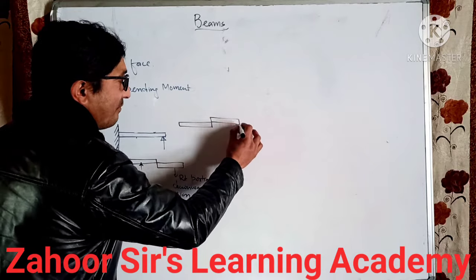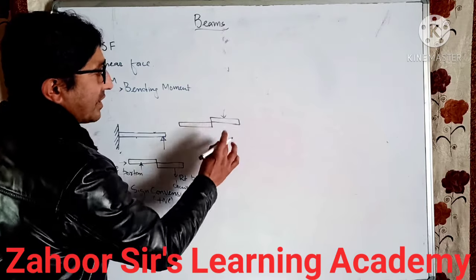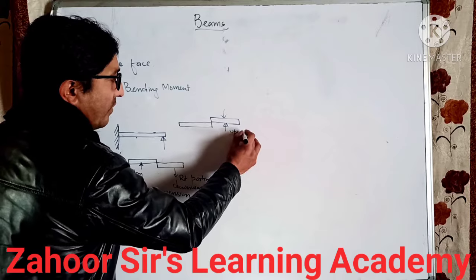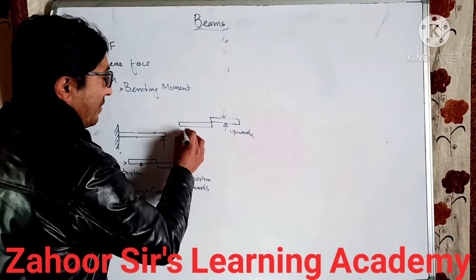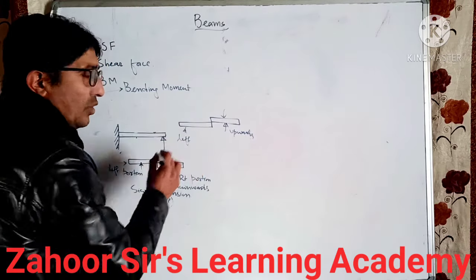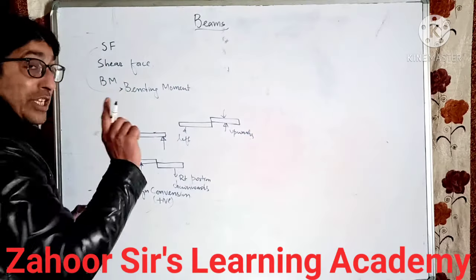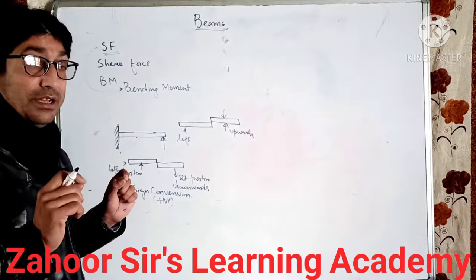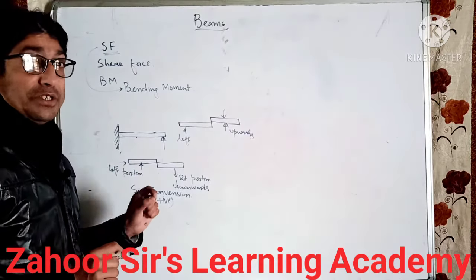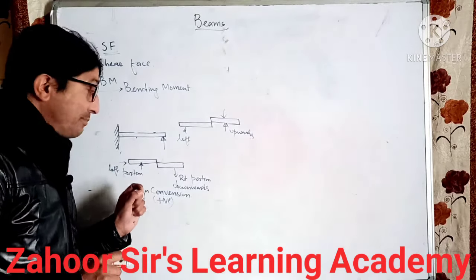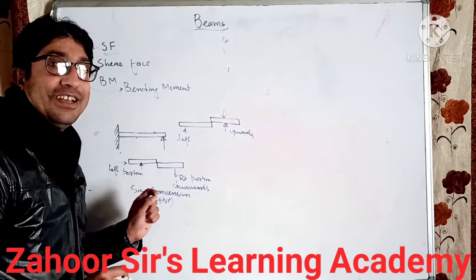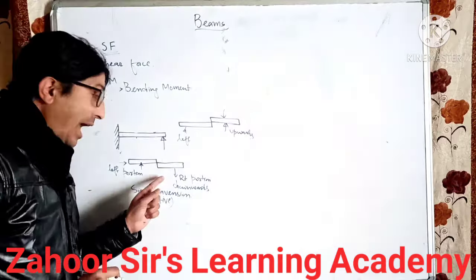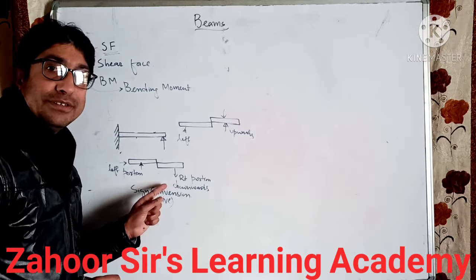It will slide upwards, and the left remains at its own position. Which is doing this? This shear force. It is a tremendous force, and the beam is trying to resist, to oppose this shear force. The beam is not letting this happen, my dear students.